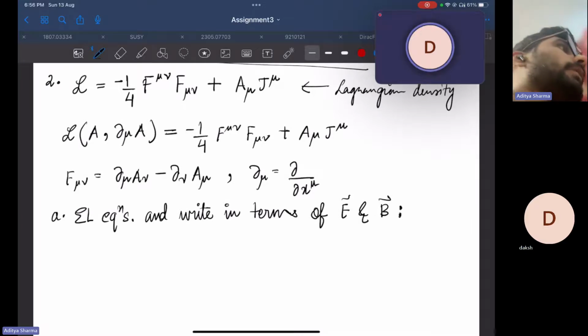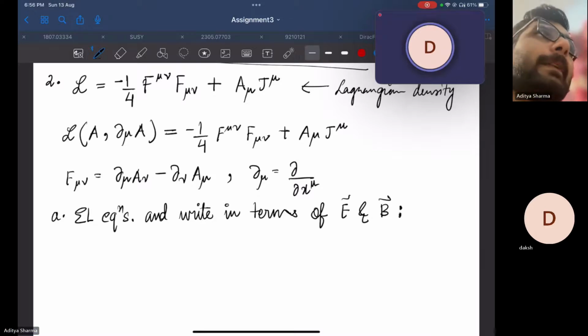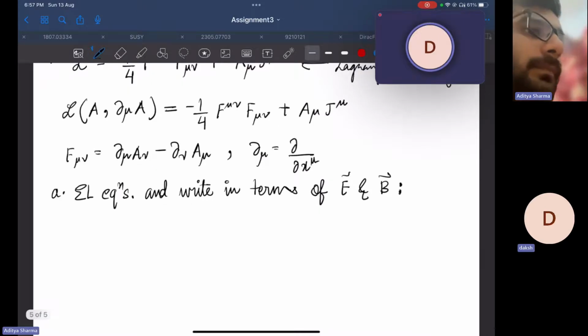Minimization of action will give you the Euler-Lagrange equation. So you can just directly use the Euler-Lagrange equation for the minimization procedure. Are you clear on that? Yeah, I'm clear on that, but I don't remember the Euler-Lagrange equation for fields.